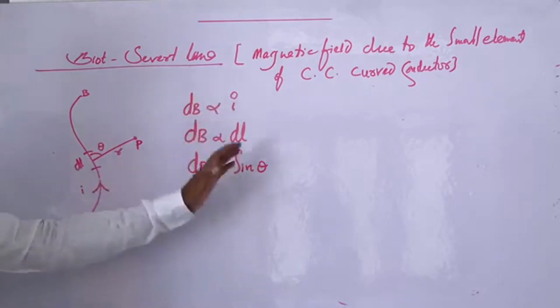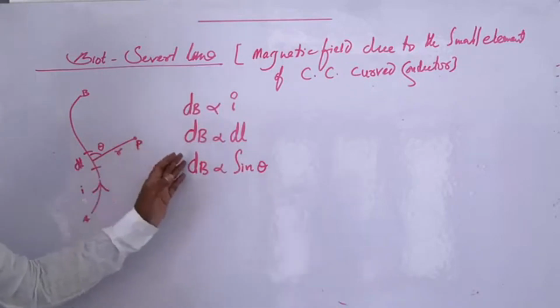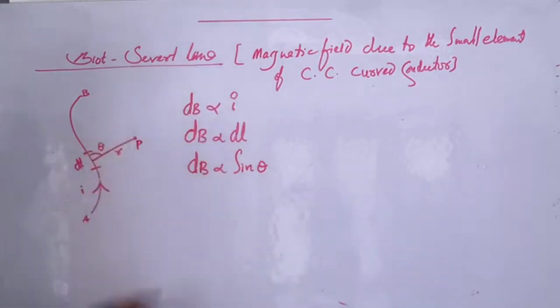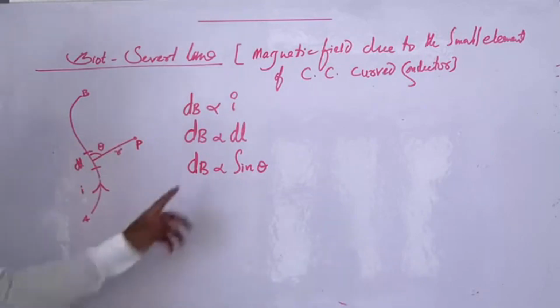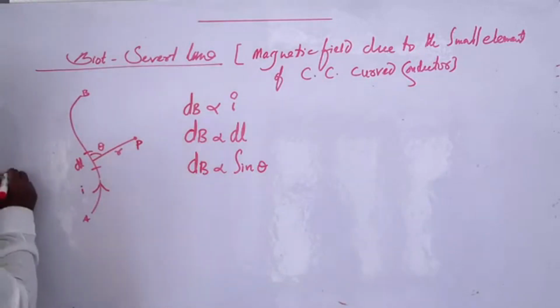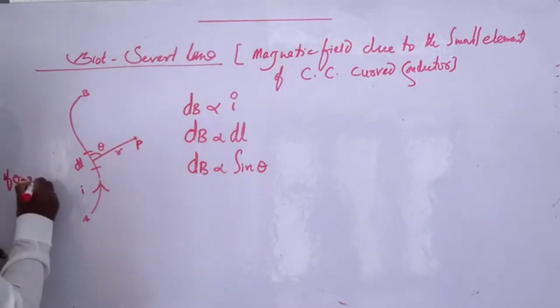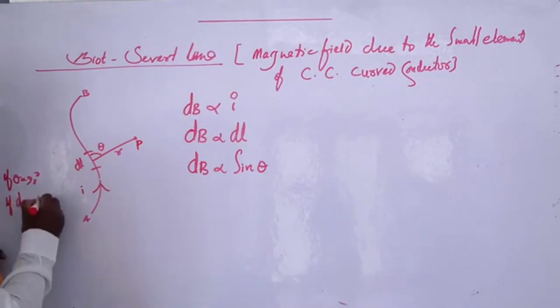It is directly proportional to them. Out of them, whichever increases, the magnetic field will increase. Here it depends upon the sine of the angle. So if the small element and the position vector are mutually perpendicular, then what happens? The magnetic field becomes maximum. If theta is equal to 90 degrees, dB becomes maximum.